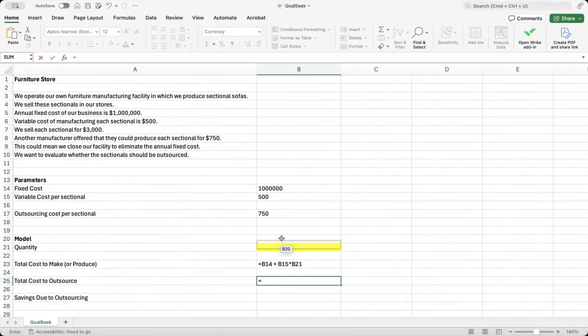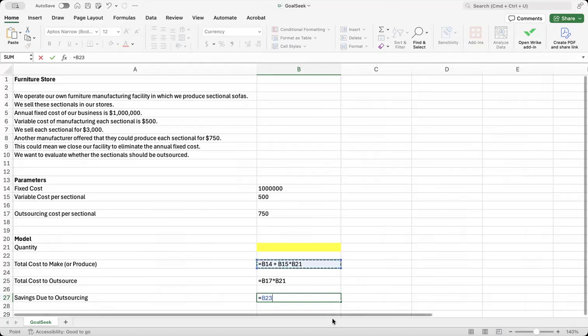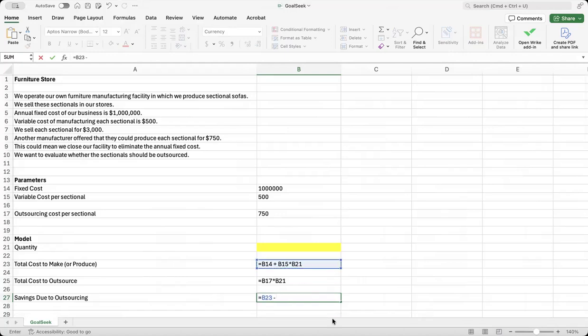Total cost to outsource will be outsourcing cost per unit times the quantity. And savings due to outsourcing will be how much would you save if you were to outsource. So the total cost of making in-house minus the total cost of outsourcing.